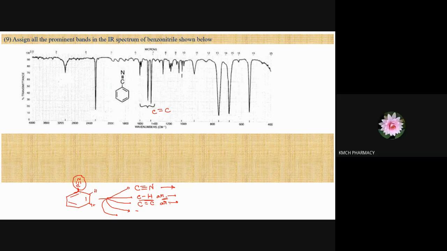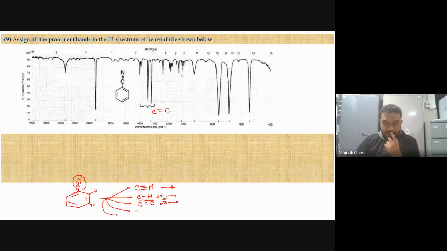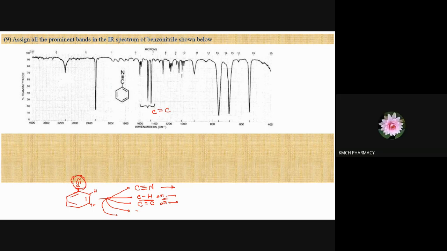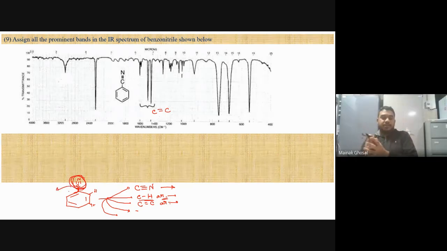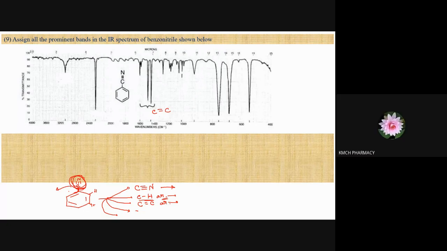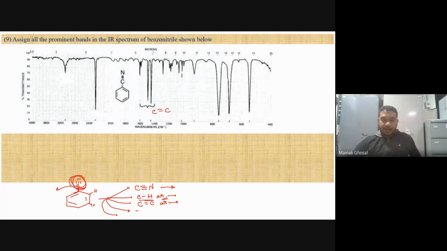The pi electrons are not stable in one place; they have been delocalized in the aromatic ring system, and also the cyanide group will take electron density. So C double bond C will have a number of values, 1400 to 1600.